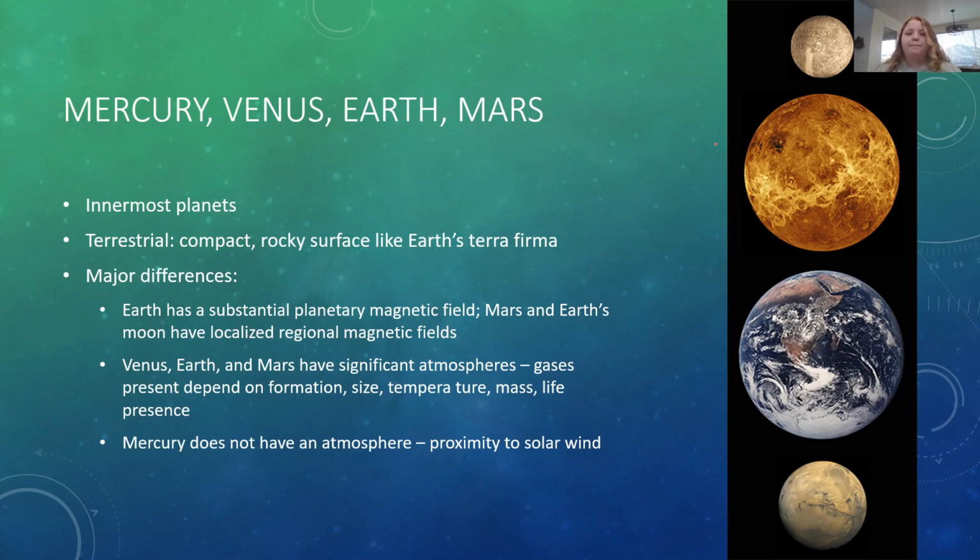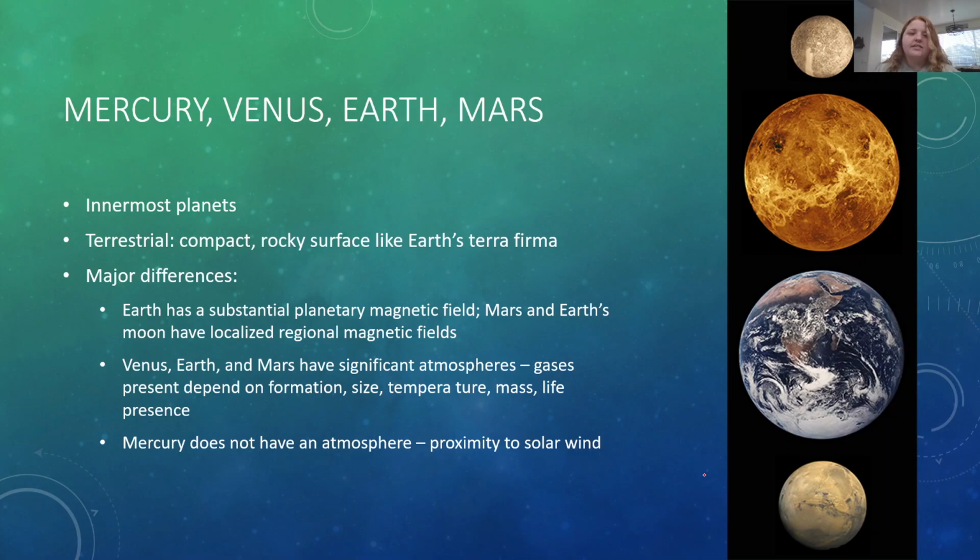And another big difference is going to be the atmospheres. Mercury does not have an atmosphere, and that is mainly due to it being so close to the sun. It is our closest planet to the sun. So the temperatures would be very extreme. But Venus, Earth, and Mars, all three of these, have significant atmospheres.